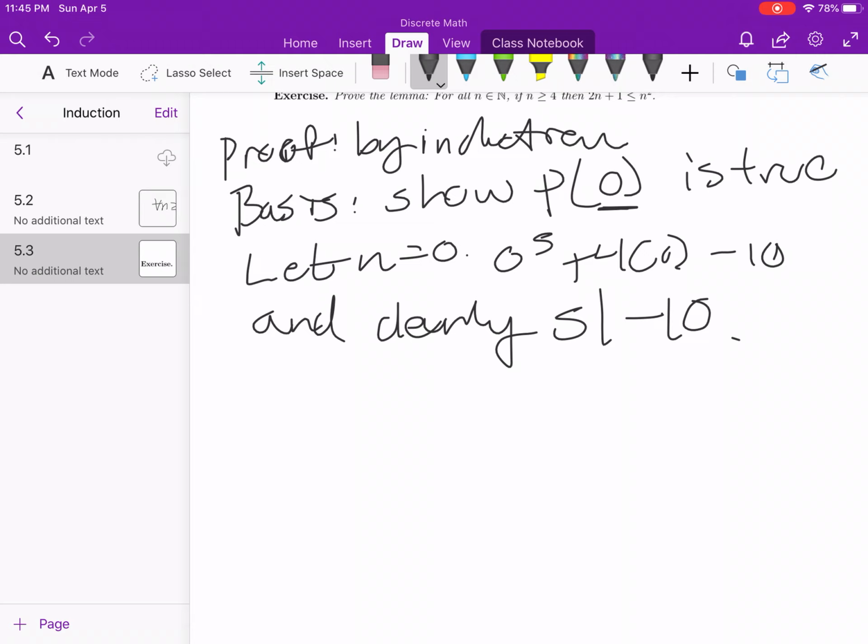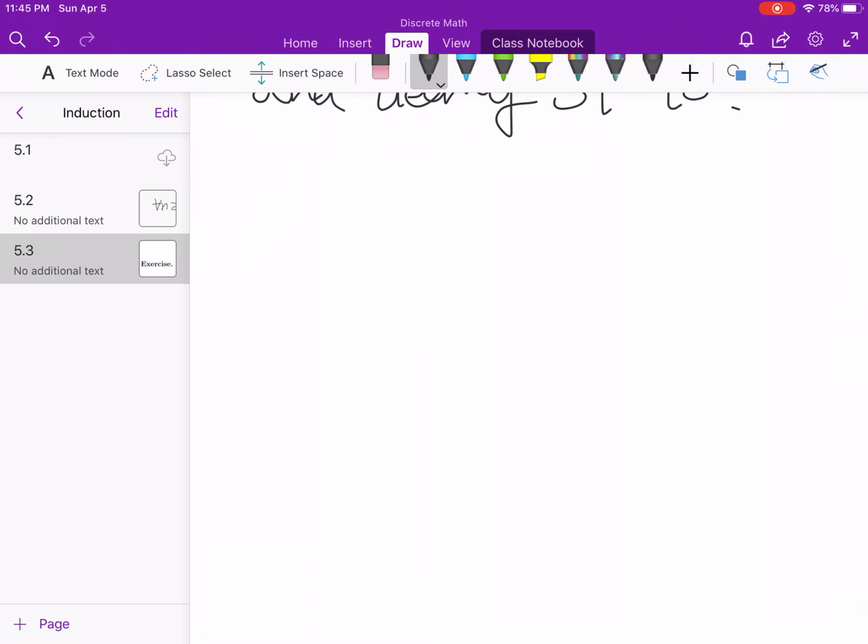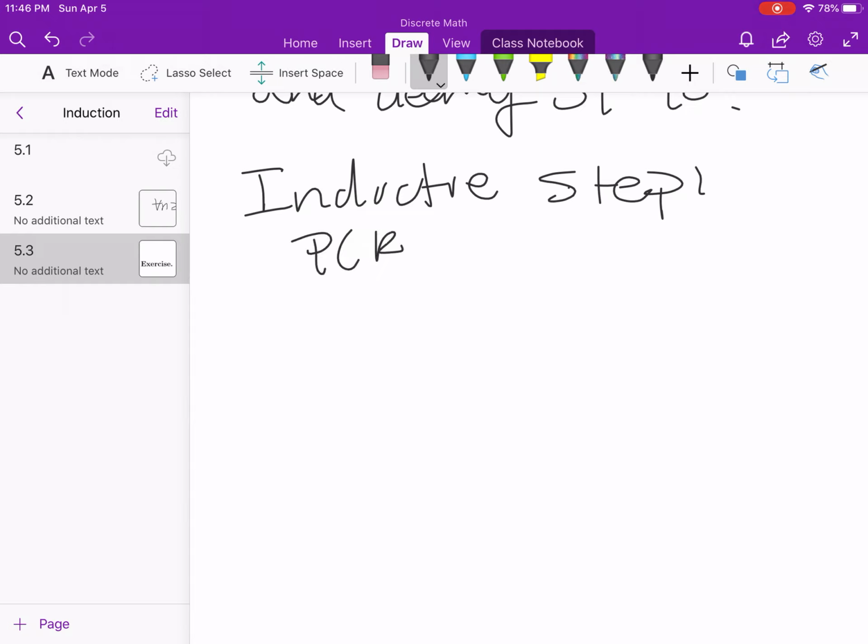That means p of 0 is true. Now what's the next thing? Next is the inductive step. Remember this, I'm going to assume p of k is true, and I'm going to deduce p of k plus 1.